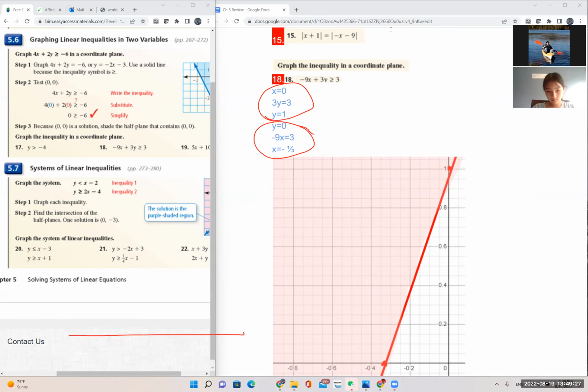For example, if here is 1, here is 0, if I let me draw a 3/7, where will you draw it? Yeah. If it's 3/7. Okay.